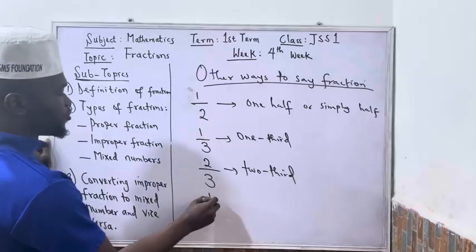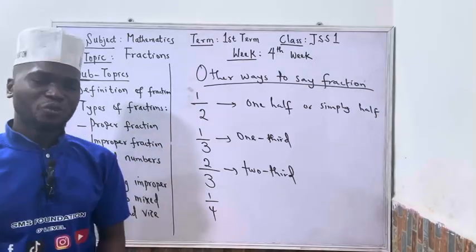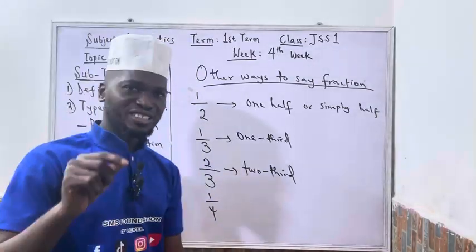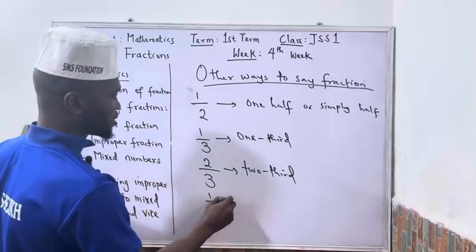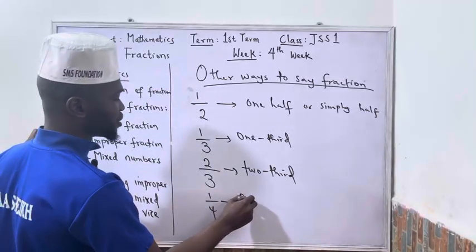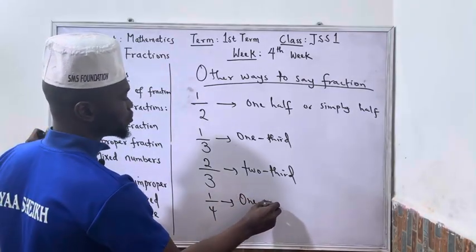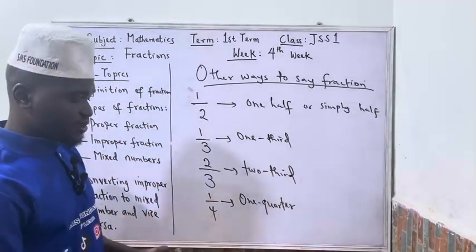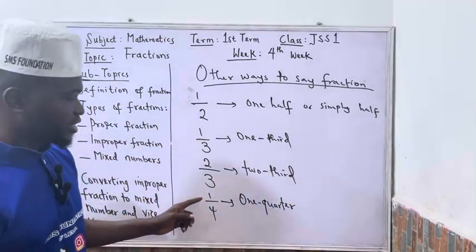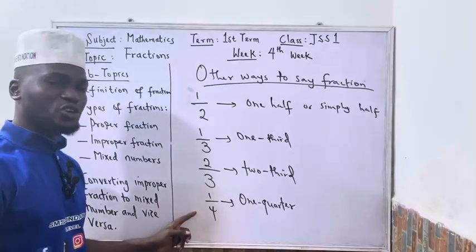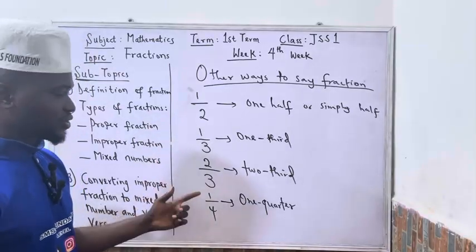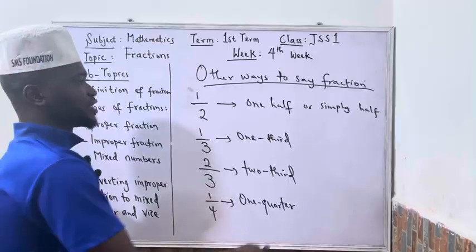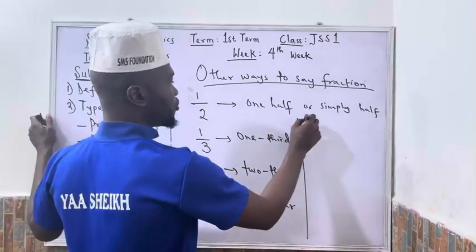Okay, 1 over 4. When you have 4 as the denominator, just know that it's a quarter. So this can be pronounced as 1/4. So if I have 2 over 4, that will be 2/4. 3 over 4 will be 3/4, and so on.